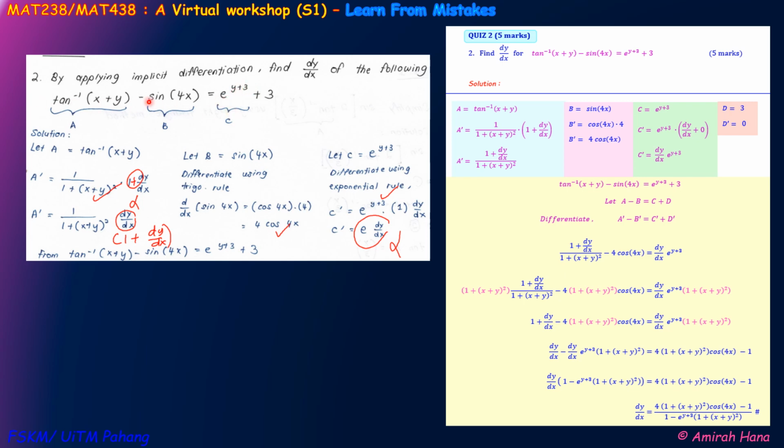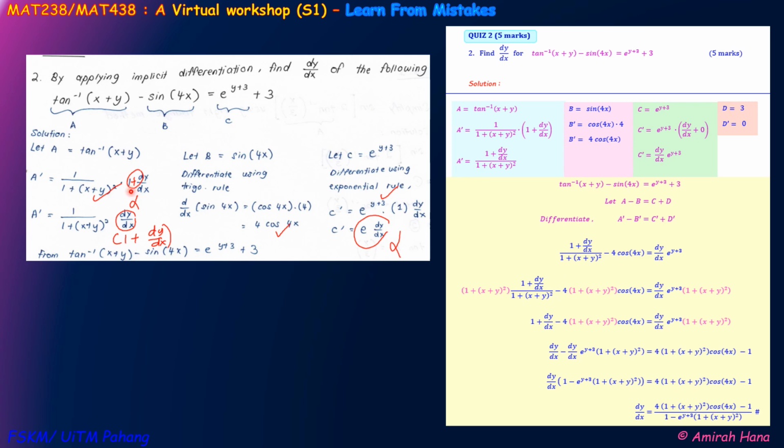Yang ni, pelajar ni dia buat satu-satu. This is A, this is B, this is C. Yang ni kalau nak tulis D pun boleh jugalah, tapi sebab differentiate constant mudah je, tak nak tulis D pun tak apa. Then let A equals inverse tangent of (x plus y). So dia dapat 1 over 1 plus (x plus y) squared, and then times differentiate yang dalam.